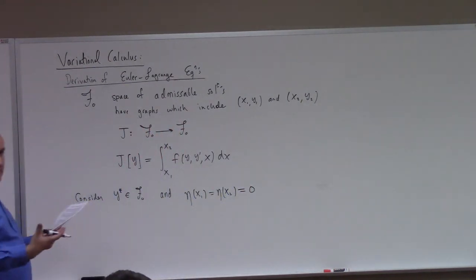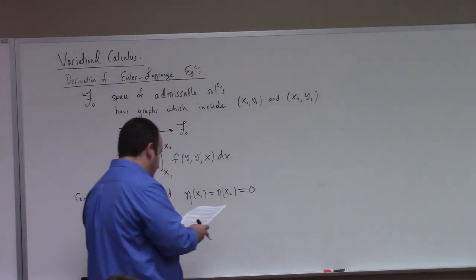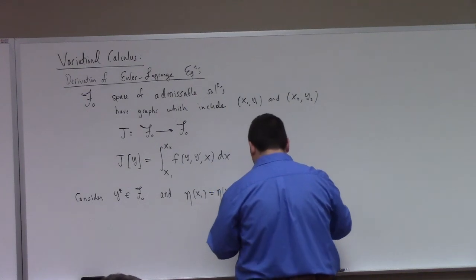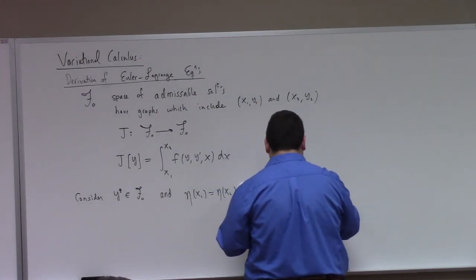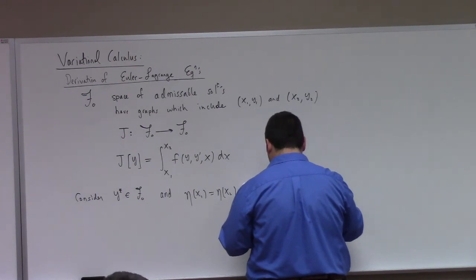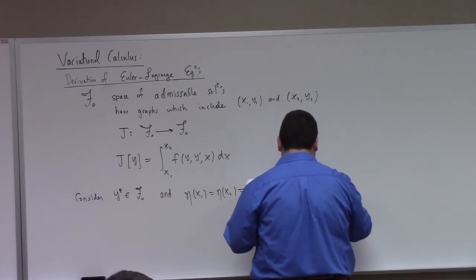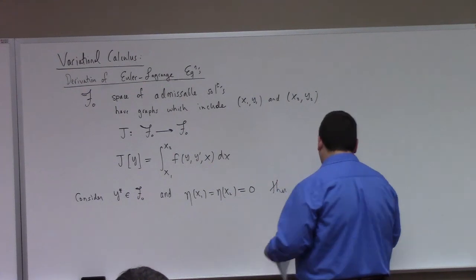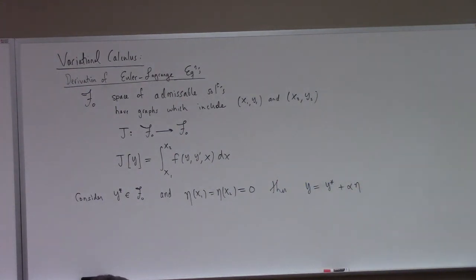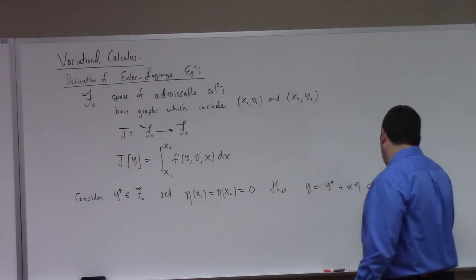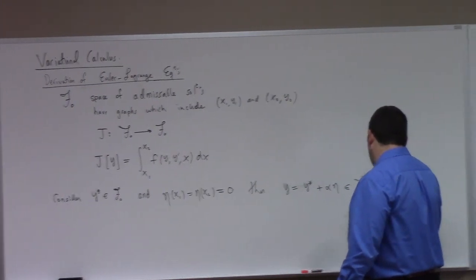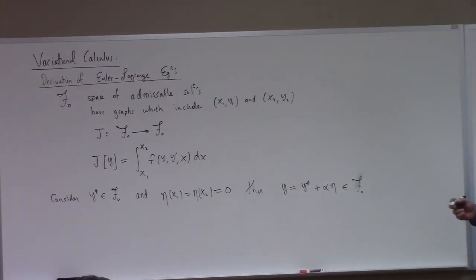So if I have this eta, another function that is 0 at the endpoints, then it's fairly clear that if we look at y equal to y star plus alpha eta, then this y is another thing in F naught. Do you see why?